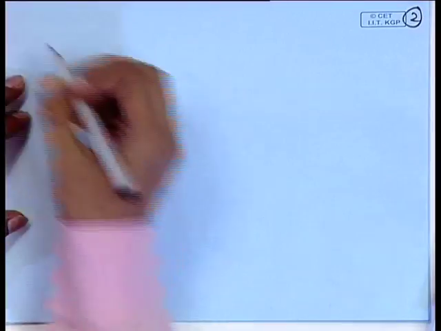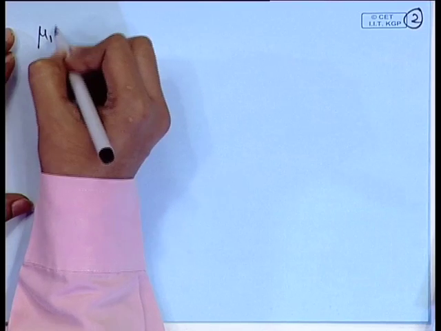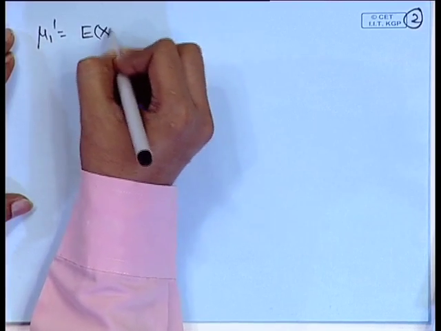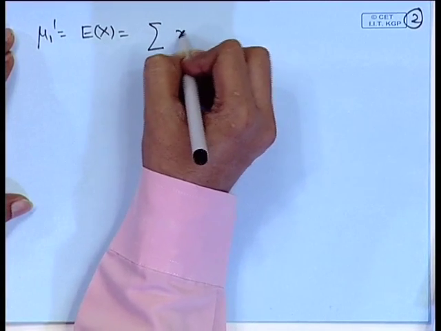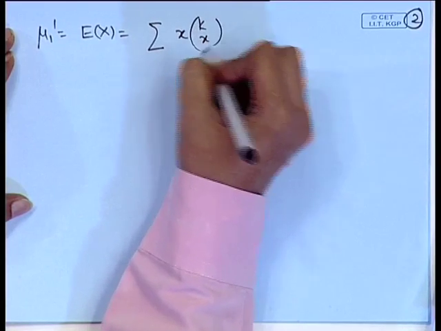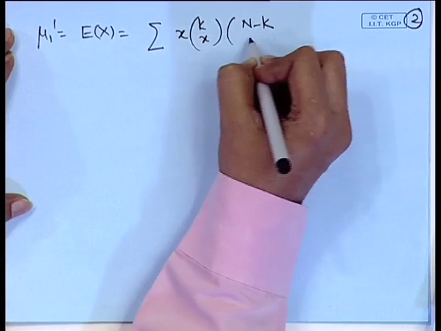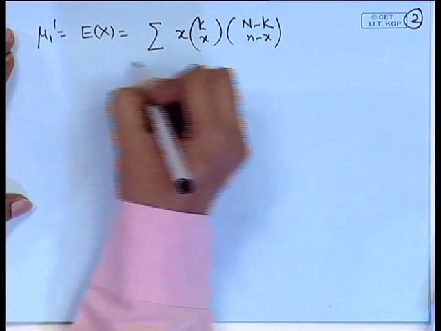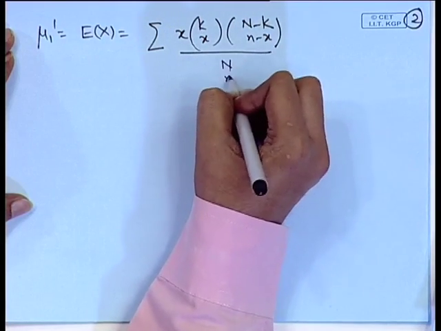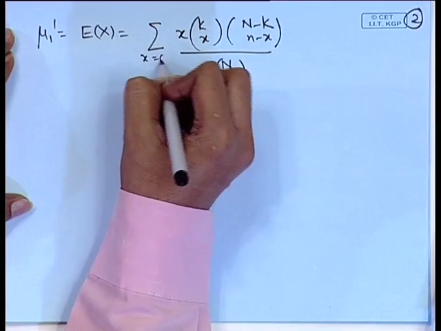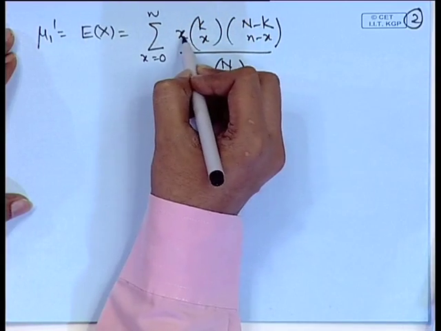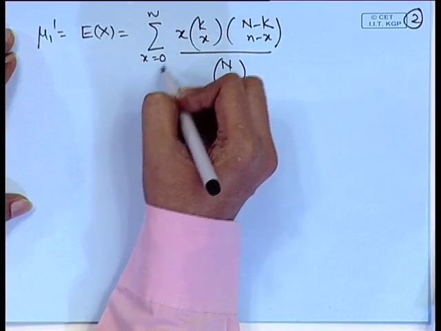So, we may consider mu 1 prime, that is expectation of x, that is the sum of x times k c x times n minus k c n minus x divided by n c n, x from 0 to n. And as you can see, corresponding to x equal to 0, this term vanishes.